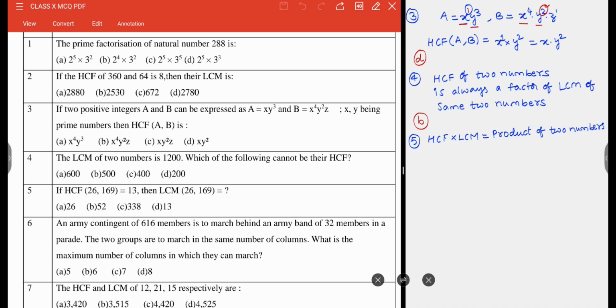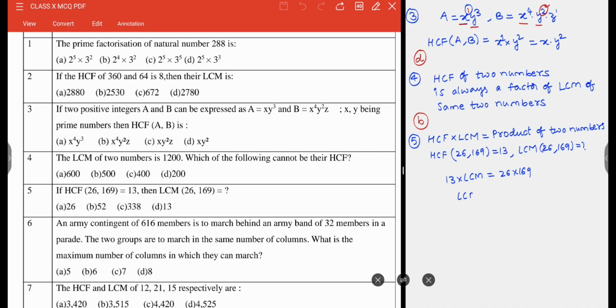So according to this, here the HCF of 26 comma 169 is given as 13, and we have to find the LCM. So substitute here: 13 into LCM is equal to 26 into 169.